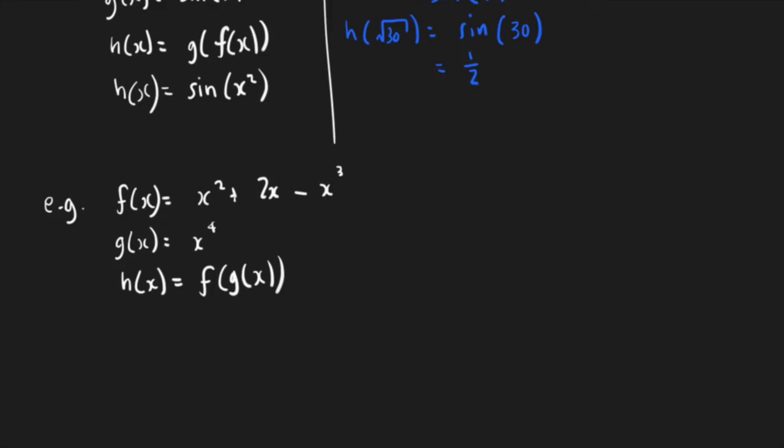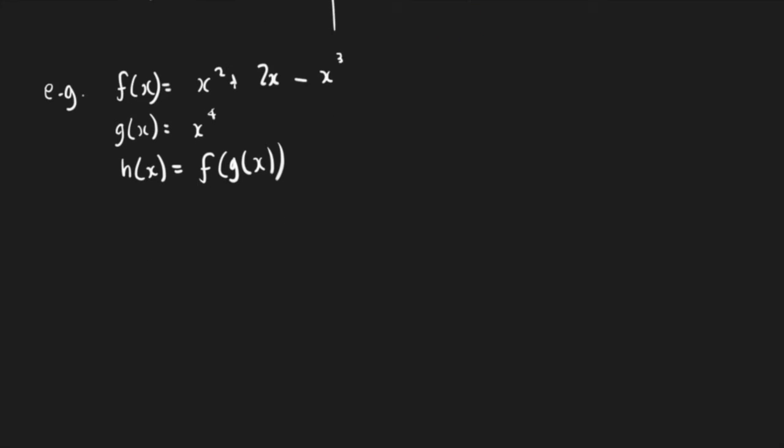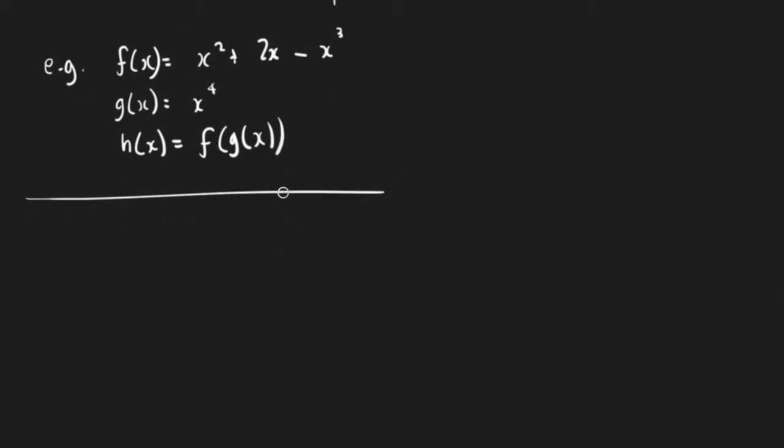It would probably be better if I color coded this. I'm just going to write this out again. So f of x is x squared plus 2x minus x cubed, g of x is equal to x to the power 4, and our new function is h of x, which is equal to f of g of x.